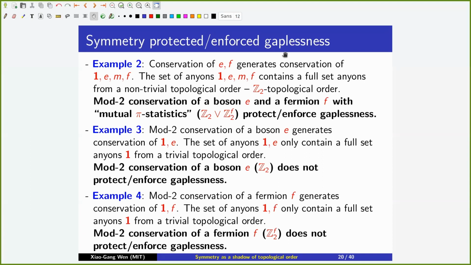I'm not sure whether all the symmetry enforced gaplessness can be understood this way or not, but the many examples I heard about can be viewed from this point of view. So this is a general, universal way to understand this gaplessness.